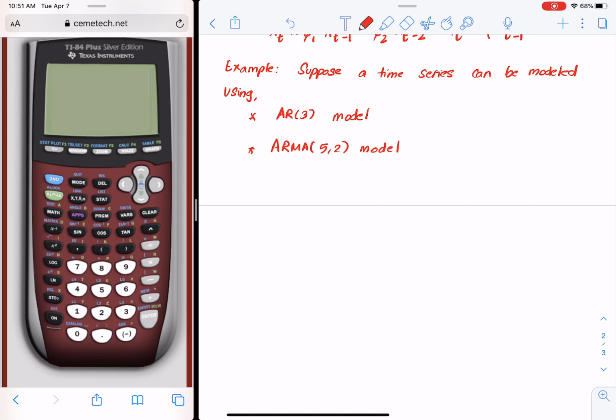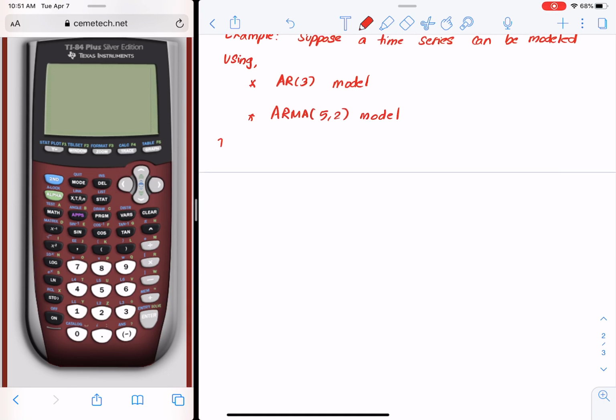If they perform in a similar manner, if the two models seem to fit the series, well, then we must choose the AR3 model.